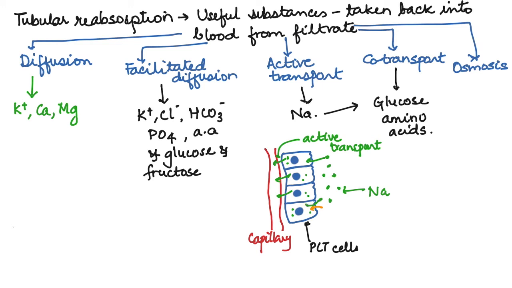Now, because of this deficiency, the sodium ions are taken in by the co-transport mechanism, and along with that sodium, the glucose and amino acids are also taken up. So, this way the co-transport works with active transport. There are other substances also taken up by active transport, that is fructose, and water is taken up by osmosis.